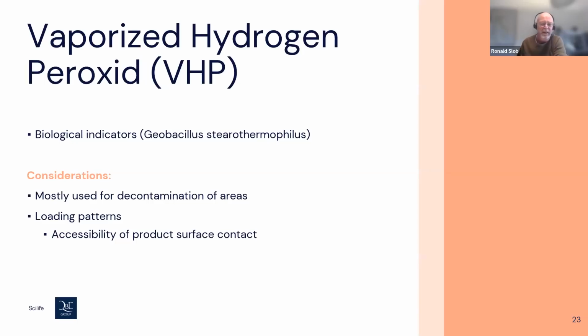And if you can show that to your cycle itself, then you also have the confidence that the cycle actually works and does what you intended it to do. So the VHP most of the time is used for decontamination of areas, and also again the loading patterns, but that applies to most of the chemicals and gases. You must be sure that everything is accessible to this gas.